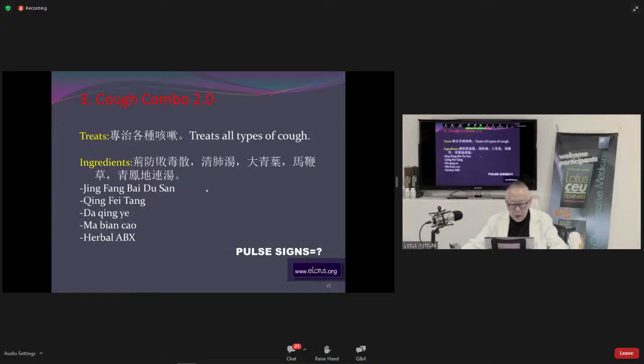I really cannot tell bronchitis and asthma from the pulse, to tell the difference between them. But I do have a way of distinguishing between asthma and bronchitis by touching here.